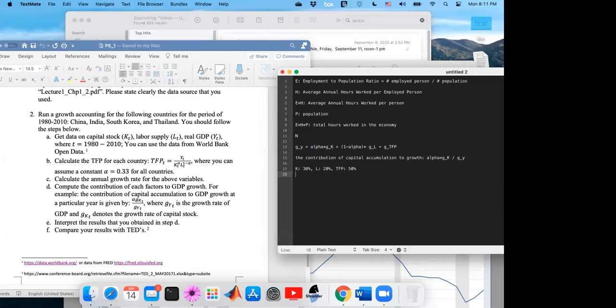So essentially in step E, I just ask you how we interpret the number. What this means is TFP contributes the most, right? And so you may have a country that looks like the following. Let's just exaggerate a little bit.